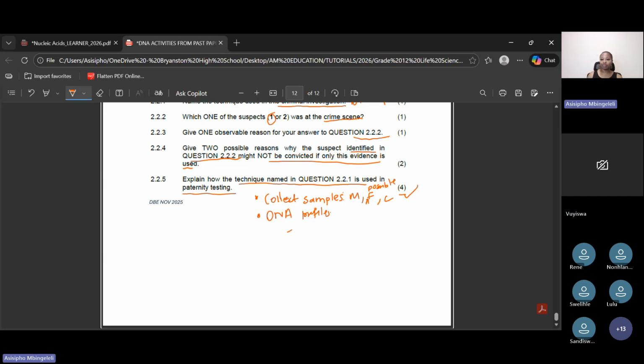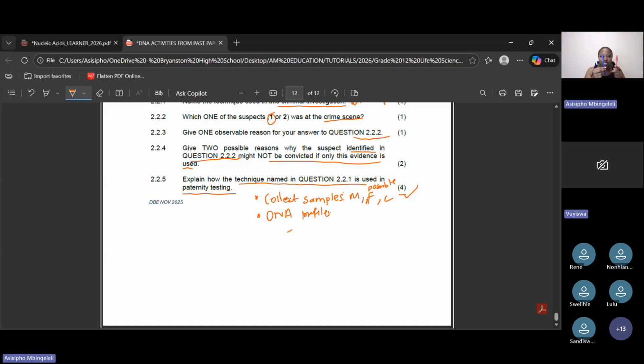Okay, what about the matching? They need to find out who is the possible father for the child. Let me guide you. From the profile, they will get 3 profiles: the mother's profile, the father's profile, and the child's profile.